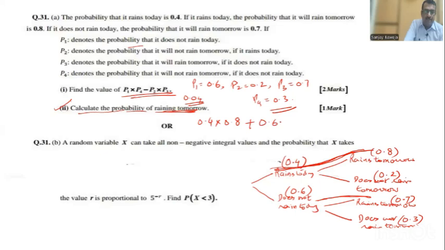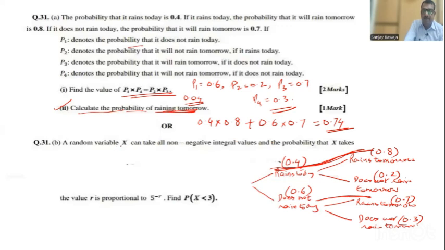So it is 0.6 multiplied by 0.7, and you calculate these values to find out the answer as 0.74. So this question is very simple if you make this tree diagram. Tree diagram helps you to simplify the question.